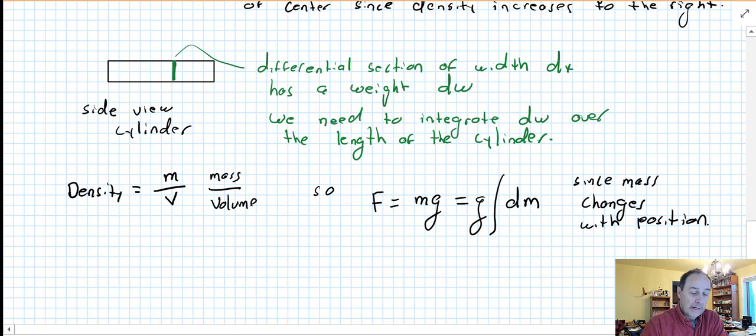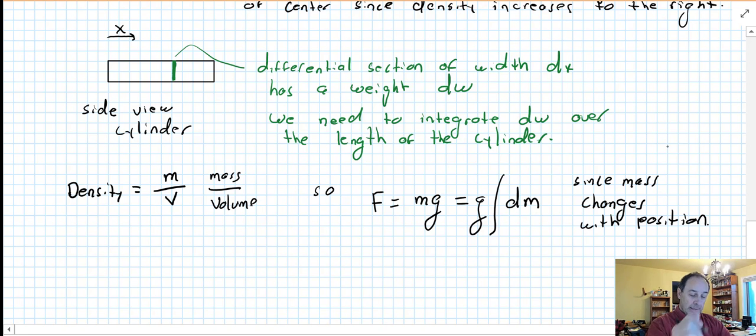Here's our cylinder redrawn, side view, and the green area right there is a differential section of width dx. This is x going this way. That little differential section has a weight, a differential weight dw. What we need to do is integrate that differential weight over the length of the entire cylinder, and that'll give us the entire load.